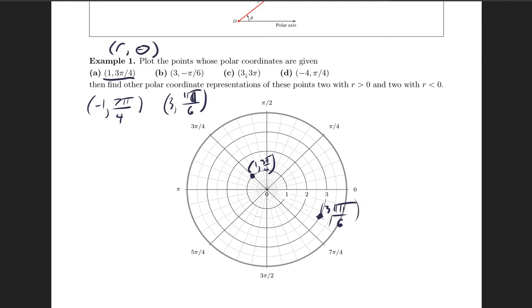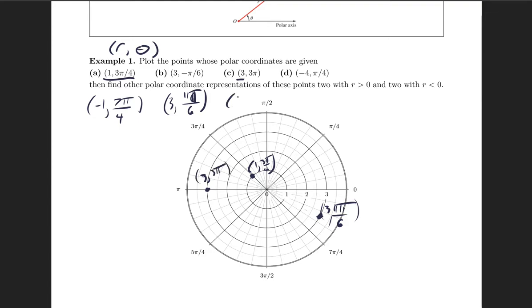We'll have 3 and 3 pi, so we'll be on the third ring out. So r will tell you what ring we're on. So here's 1, 2, and then 3. This 3 says we're in the third ring out, and our direction is 3 pi. So this is pi, this is 2 pi, and this will be 3 pi. And so we're on the third ring out right here.